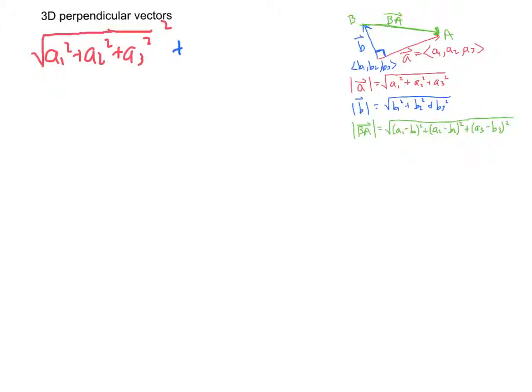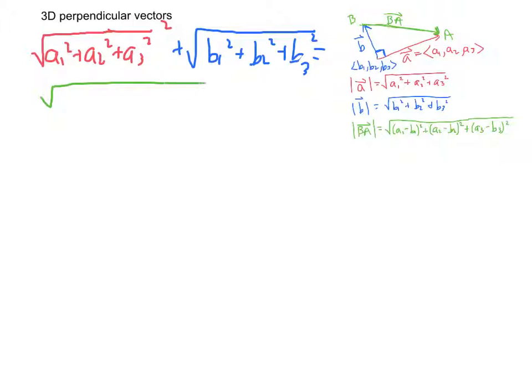Plus this other stuff, the square root of B1 squared plus B2 squared plus B3 squared, squared. Excuse me for the messiness there. And that's going to equal, I'm going to run out of room here, so I'll write it on the bottom. So it's A squared plus B squared equals C squared.